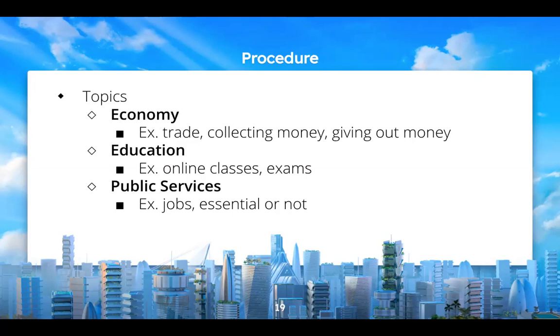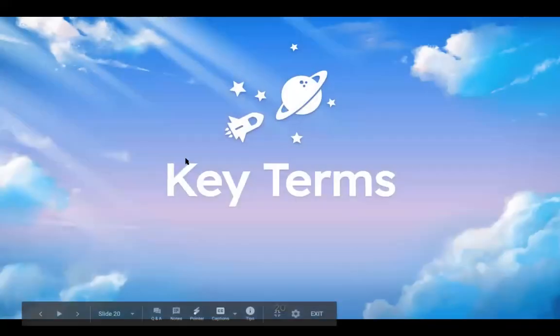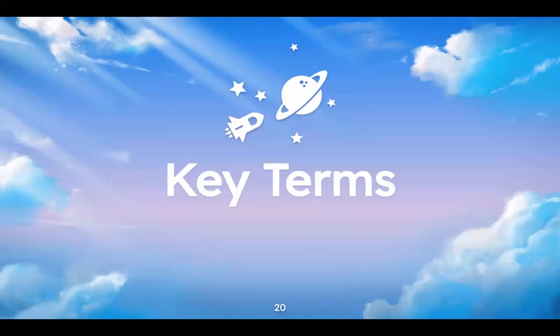For example, they can research about the trade, collecting money or giving out money, and then the education system, such as online classes, exams, and of course, public services such as jobs and what kind of jobs are essential and what are not essential. And of course, for the collecting money and giving out money, that's the revenue and deficit, and the giving out money to the people who currently can't have jobs at the moment because of the coronavirus.